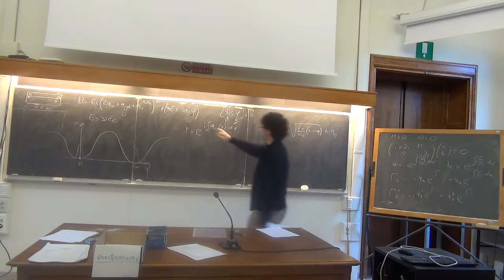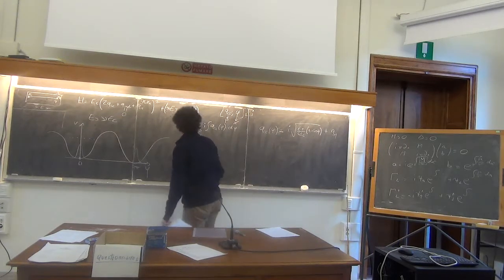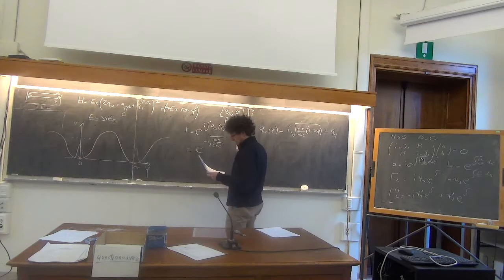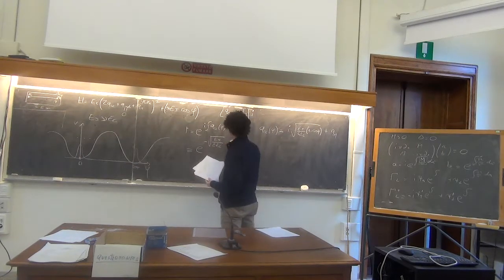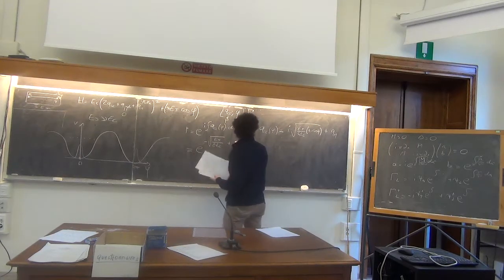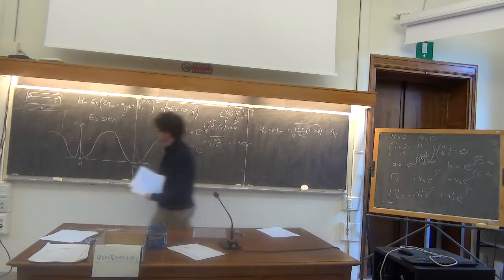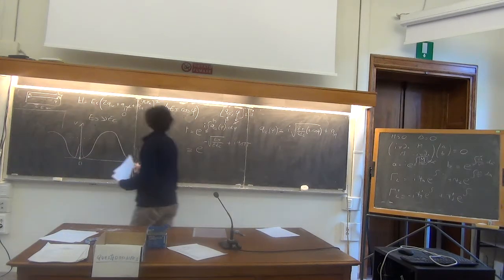So the standard operator, if you do this integral, becomes equal to minus square root of EJ over 8EC actually, and then there is a phase which is simply i Q_m over 2 times 2 pi, because I'm doing the integral from 0 to 2 pi, so I want to go from here to there.